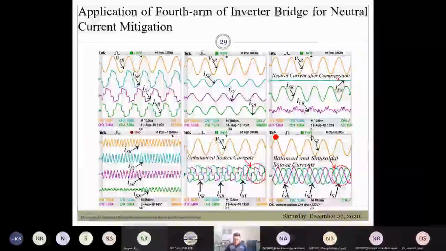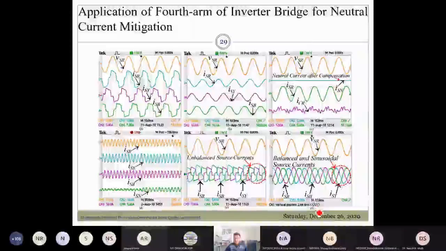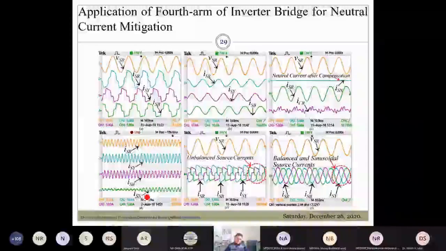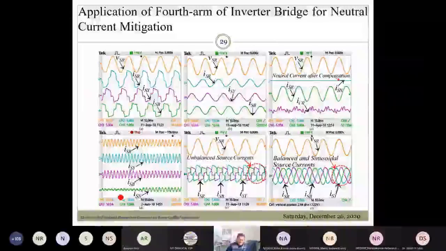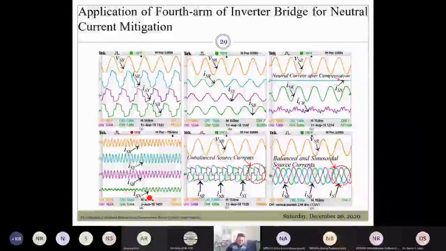That can be witnessed from plot B and plot F. See here, after the active harmonic filter operation, the grid neutral current is reduced to 0. And here you can see that the active harmonic filter operation is disabled at this point, and as a result the neutral current is increased.